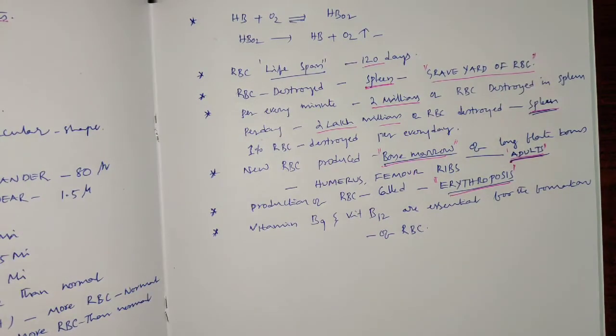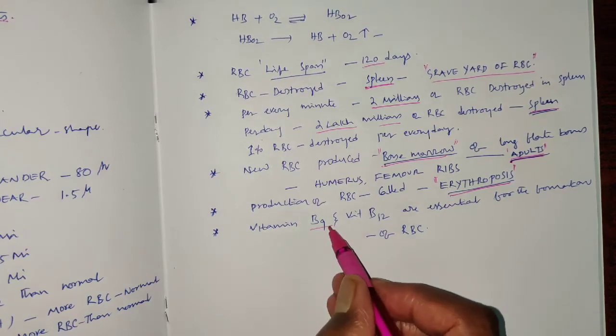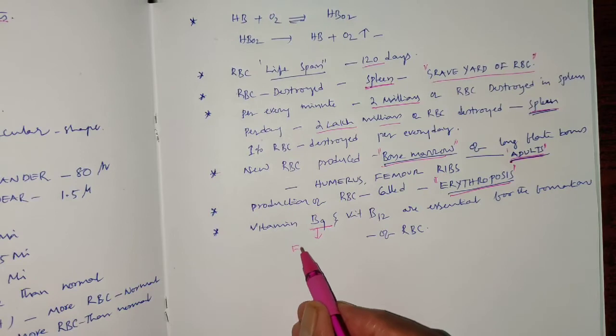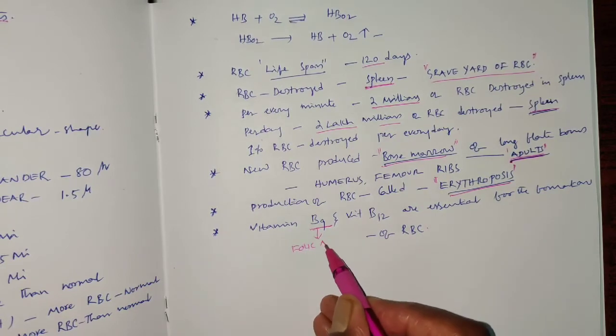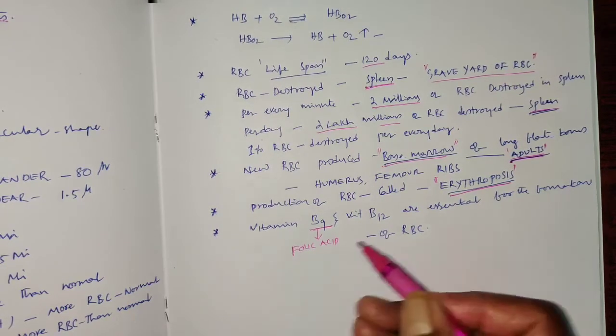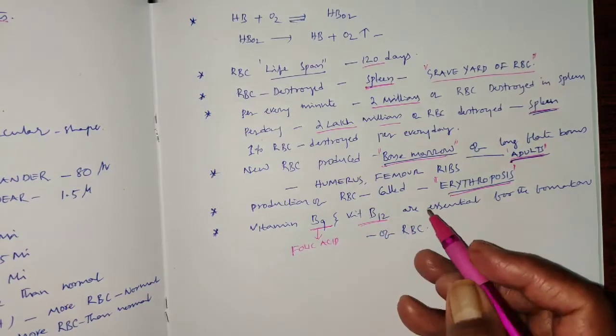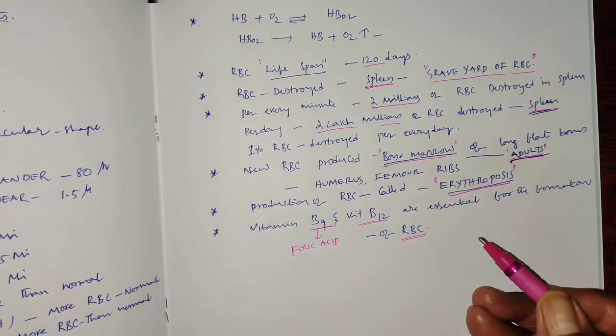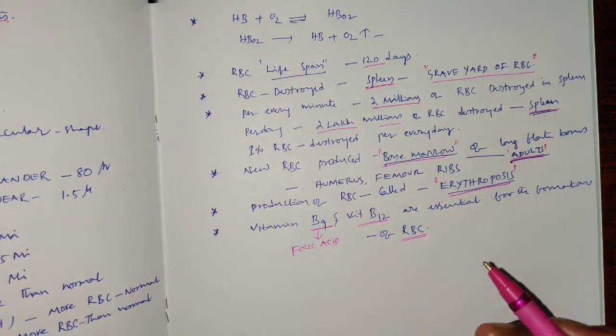Vitamin B9 means folic acid, a B complex vitamin called folic acid. And B12, as you know, is cyanocobalamin. Both are essential for the formation of red blood cells.